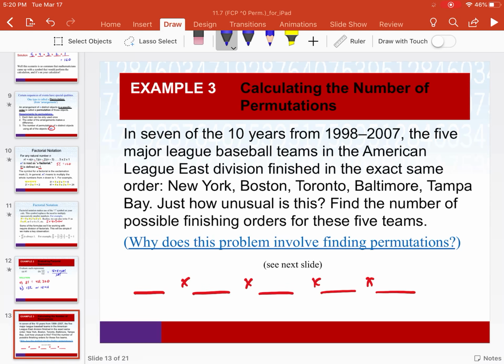Well, there are 5 teams, right? 1, 2, 3, 4, 5. So I have 5 choices for first place, and then I only have 4 teams left, and then 3 teams left, and then 2 teams, and then 1 team. So this is definitely 5 factorial. But I want you to notice that the fundamental counting principle also works for permutations. Don't forget the fundamental counting principle.